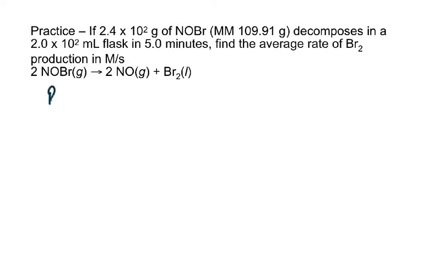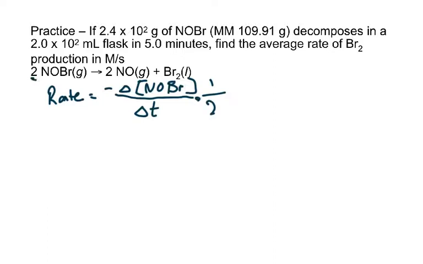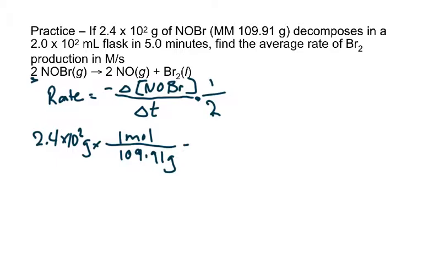So we know here that our rate is, in this case, going to be negative change in NOBR over my change in time, times 1 over 2 because of my 2 here. And so I have my 2.4 times 10 to the second grams, and 1 mole is 109.91 grams, so I can find my moles of my reactant.